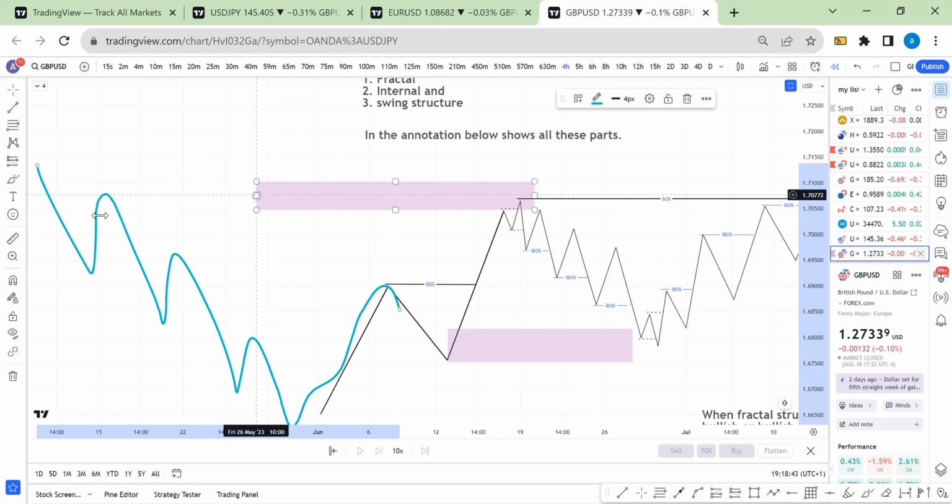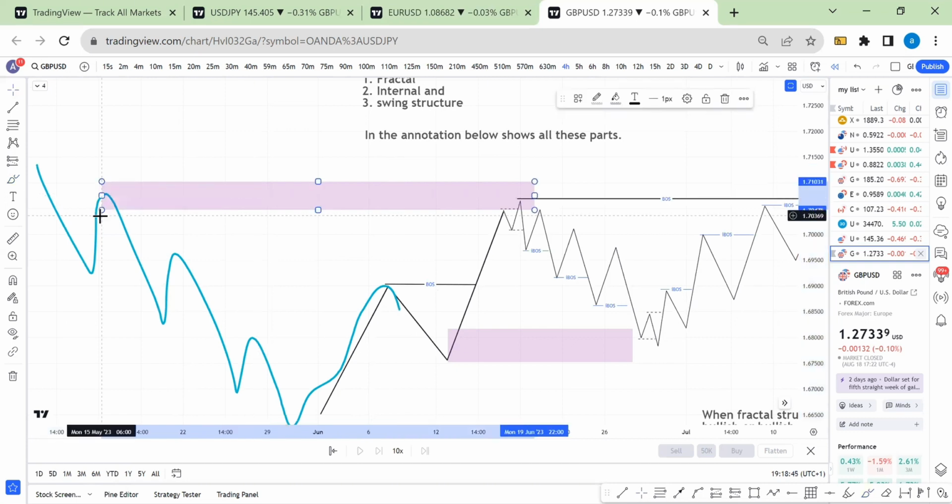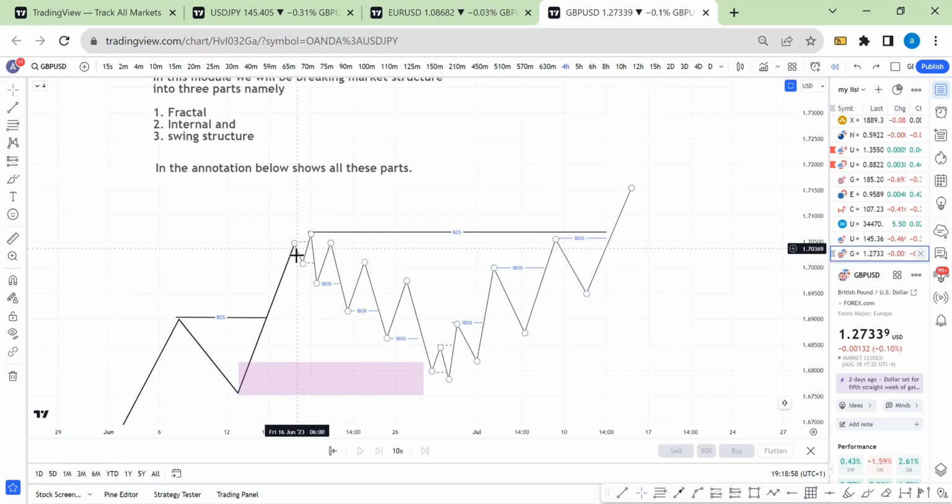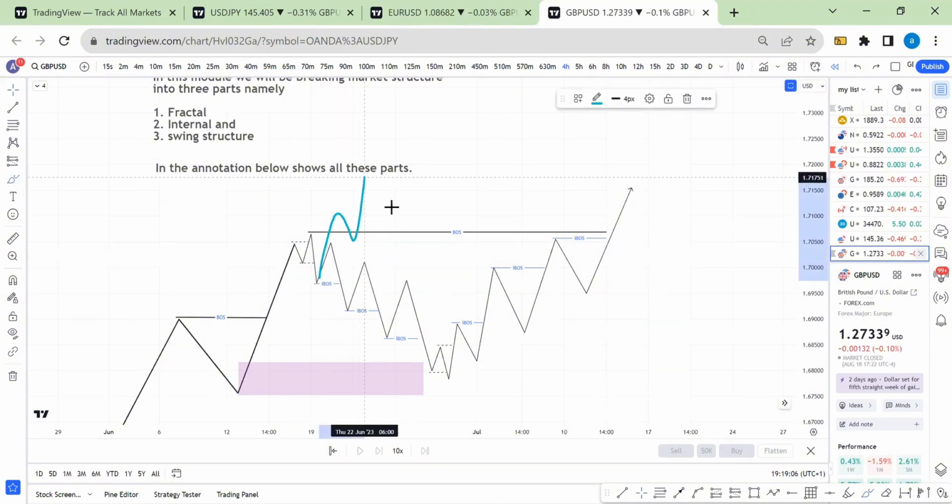From here we have some sort of supply zone. If it's coming from here, you have extra confluence, but that still does not give you enough assurance that the pullback has started. Price can just give a shift like this and continue upward.